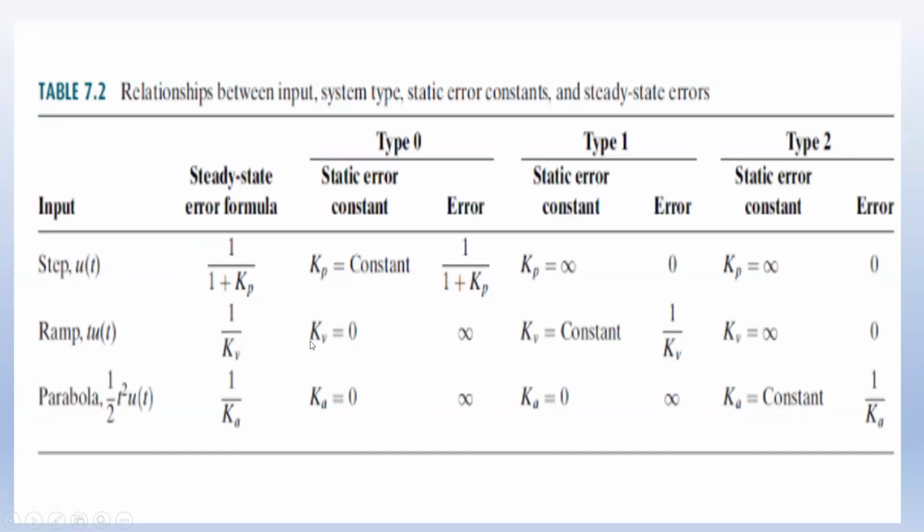Substituting this 0 in the steady state error, the error is infinite. For a type 1 system, Kv is a constant, so the steady state error is a constant. For a type 2 system, Kv is infinite, so if we substitute infinite in the steady state error formula for the ramp input, the error is 0. This is the summary of what we have learned over the last six classes in this chapter.